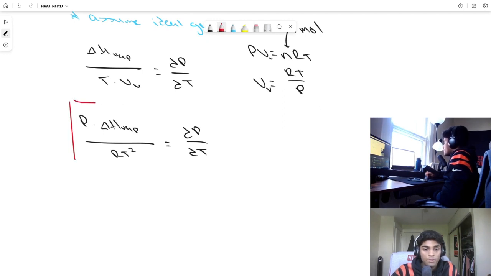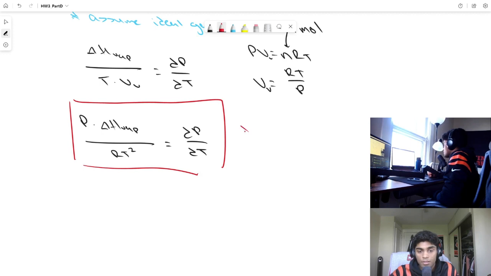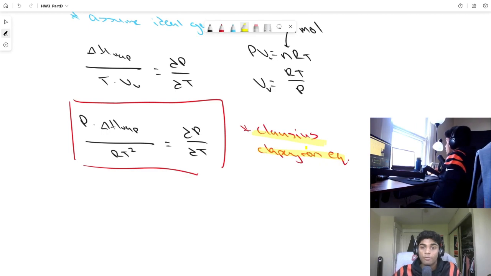And this is what we know as the Clausius-Clapeyron equation. And that's how we round out that derivation.